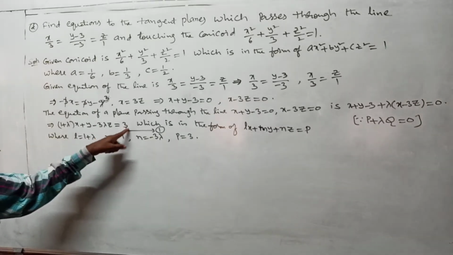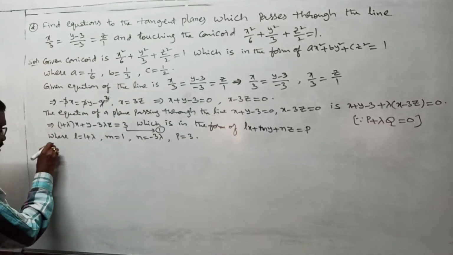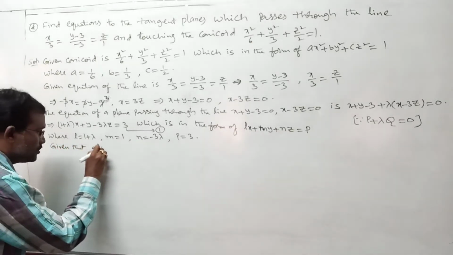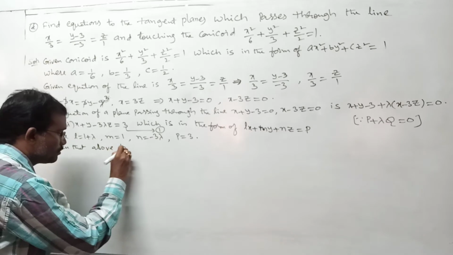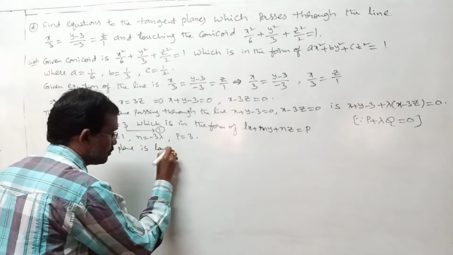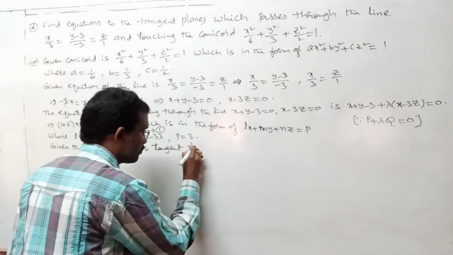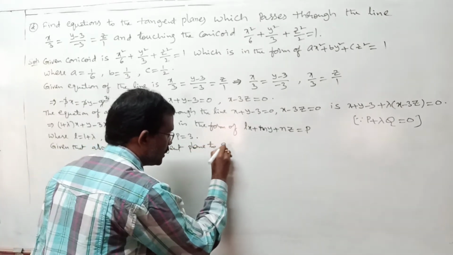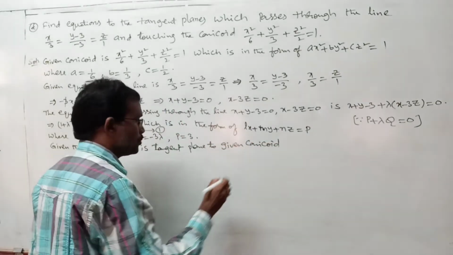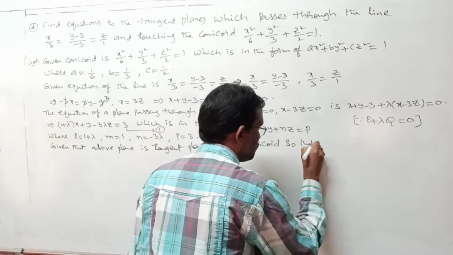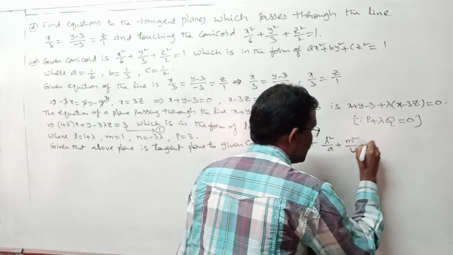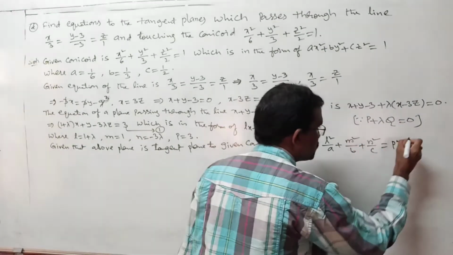Now, given that the above plane, plane 1, is a tangent plane to the given conicoid, what is the condition there? L square by A plus M square by B plus N square by C is equal to P square.